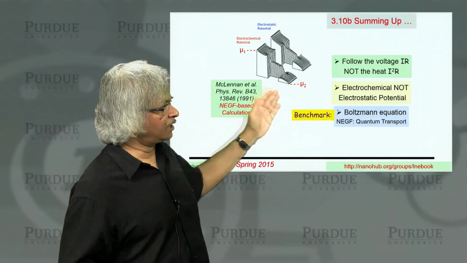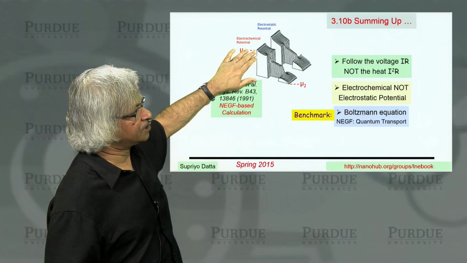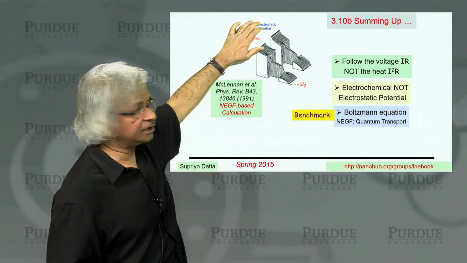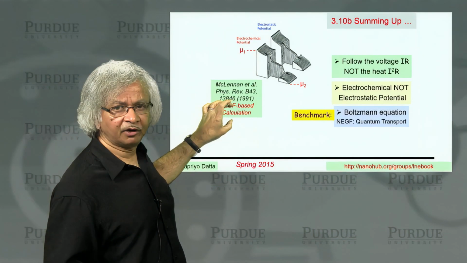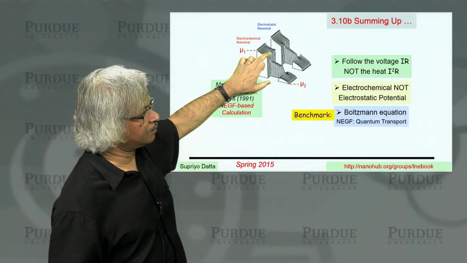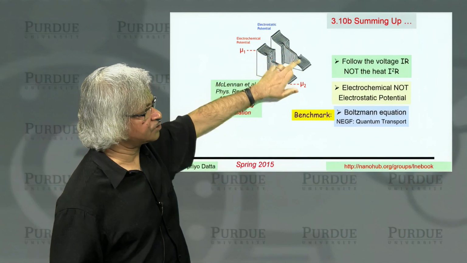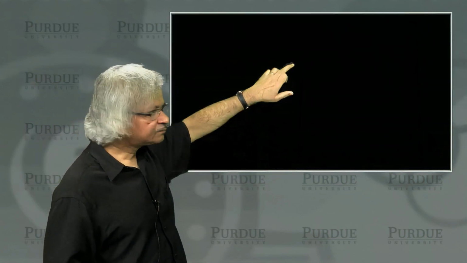So these are what you might use to get quantitative results. What I've shown here, for example, is a calculation of the electrochemical potential and the electrostatic potential using this quantum formalism, the NEGF. You can see the electrochemical potential has these sharp drops, whereas the electrostatic potential tends to be more smoothed out.